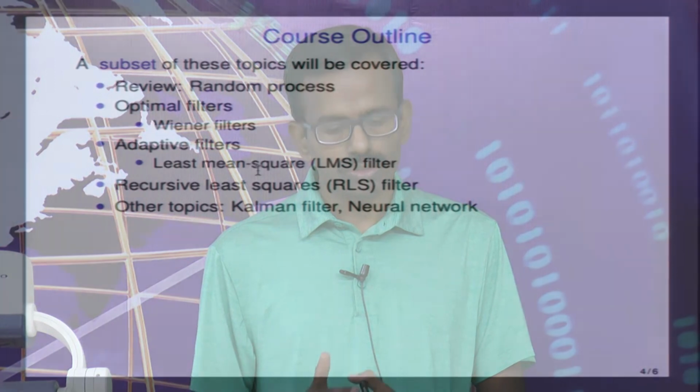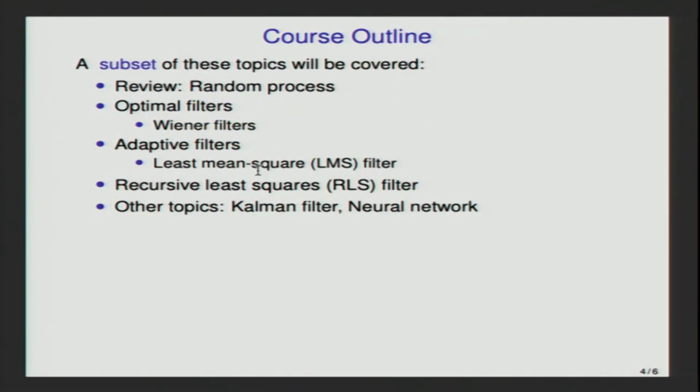Having looked at these adaptive filters and recursive least squares filters, we will look at two or more specific kinds of filters which are very well known and popular in adaptive signal processing topics. Though they may not fit directly into the adaptive signal processing topic, they are very relevant and close to the topics which we are covering in the course. That includes the Kalman filter, which is optimal in some sense, but if you relax certain assumptions, it may not be the optimal filter.